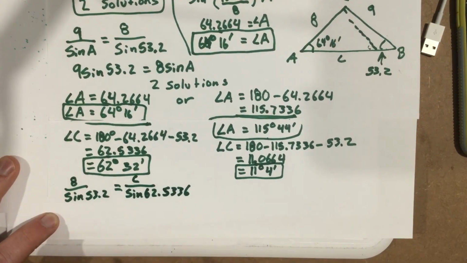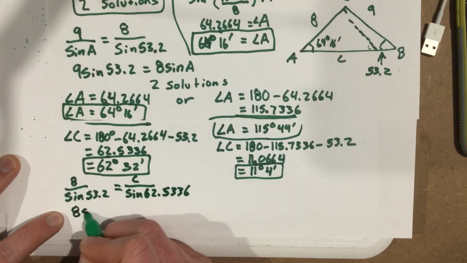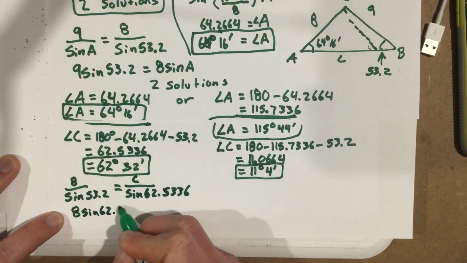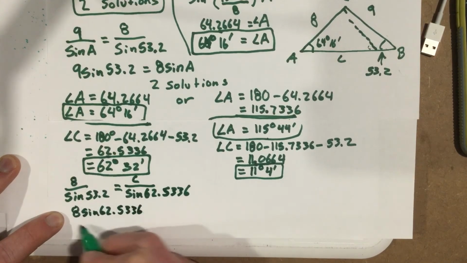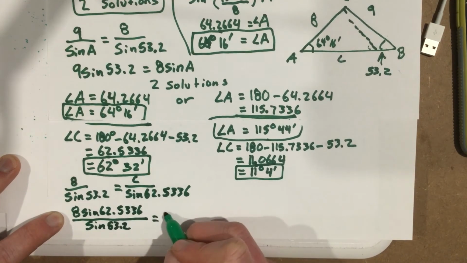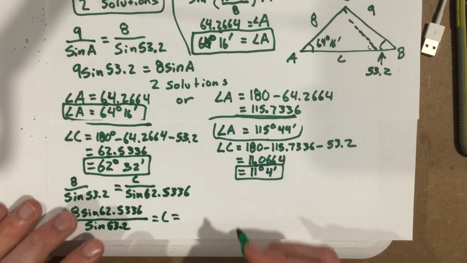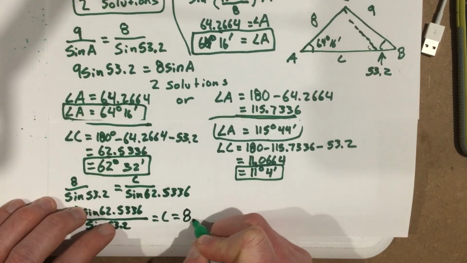We multiply that across, and we end up with 8 sine 62.5336 divided by sine 53.2, and that equals C. They want us to round to a tenth on our MyMathLab assignment.